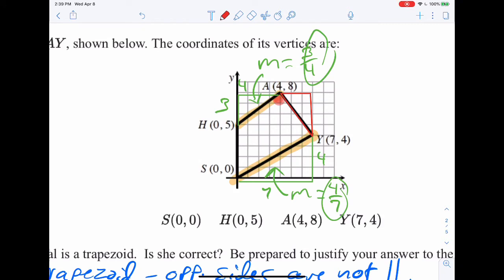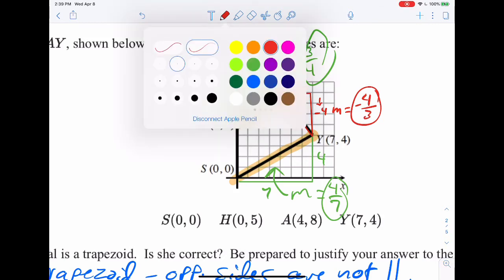As you can see, this has a rise of -4 because it goes down 4, and a run of 3. So the slope of this line is -4/3. Are these two opposite reciprocals?